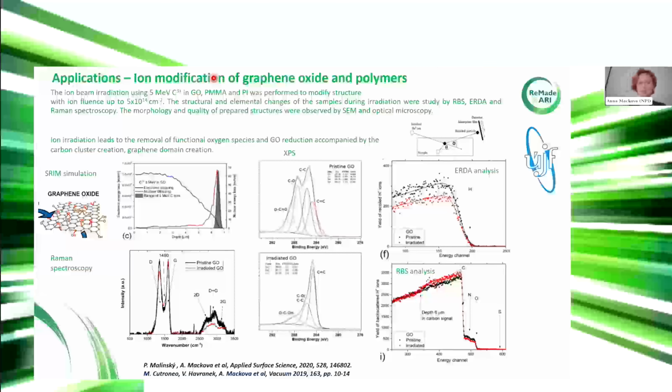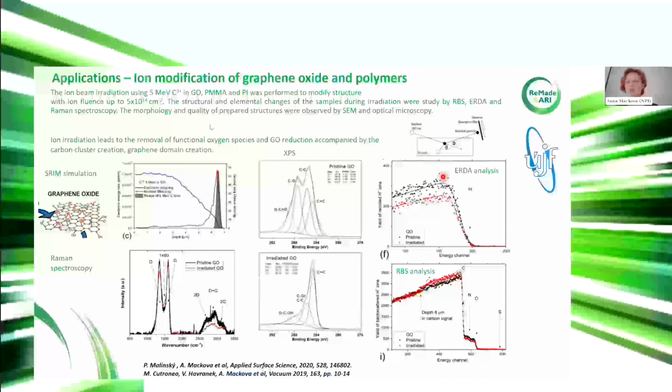In this case, we use 5 MeV carbon ions, and we irradiate the graphene oxide. You see that the penetration depth is quite high, about several microns. So this is the projected range. You see that mainly electronic stopping is taking place in this case.